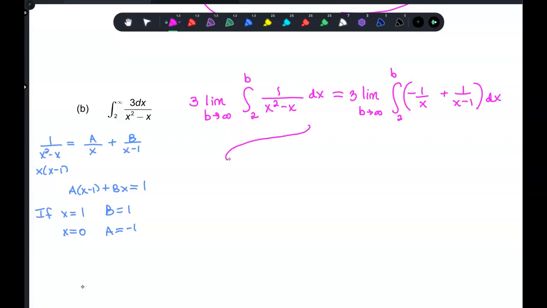Now I'm going to evaluate my integral. That's going to be negative natural log of x plus natural log of x minus 1 from 2 to b. I don't need to put absolute value around the x, because if I look at my limits of integration, it goes from 2 to b.